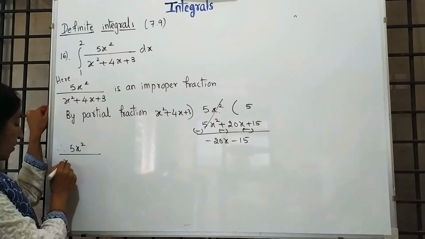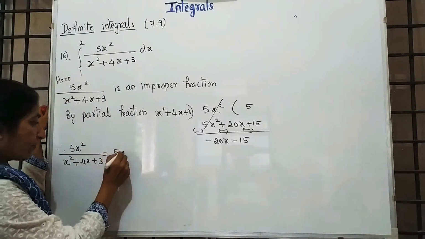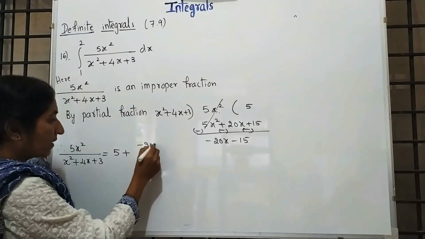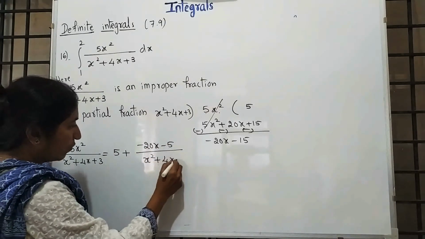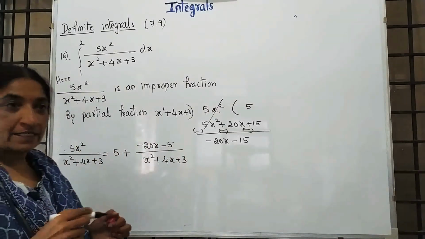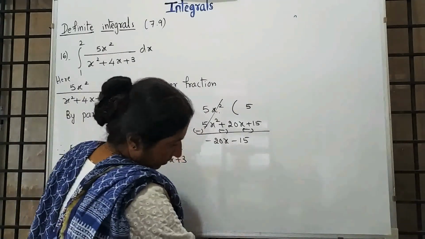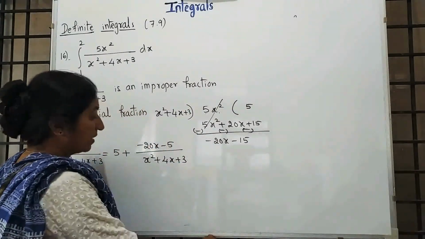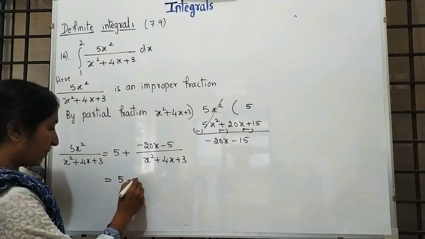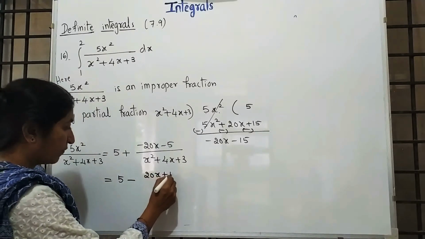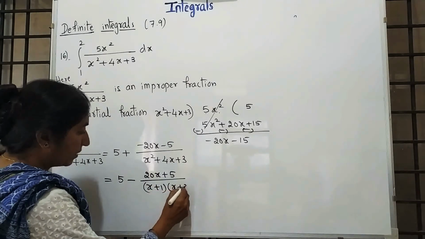Therefore 5x square upon x square plus 4x plus 3 is equal to 5 plus minus 20x minus 15 upon x square plus 4x plus 3. In the next step, I am taking minus common and writing the factors in the denominator. It is 5 minus, outside, 20x plus 15 upon x plus 1 into x plus 3.